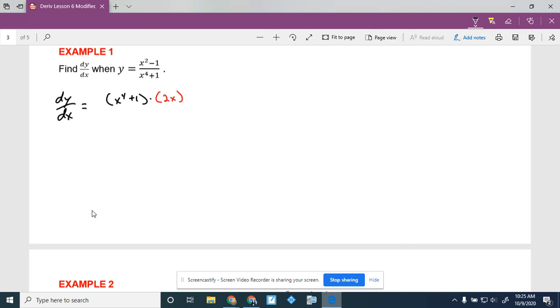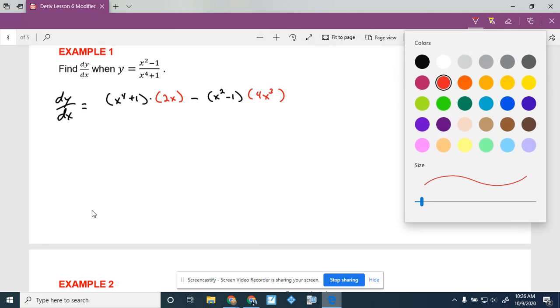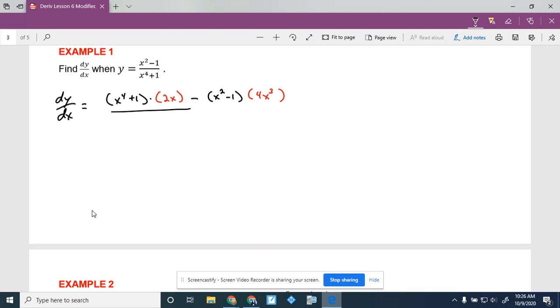Now we go minus the top, which is a binomial, so put it in parentheses, the top times the derivative of the bottom. The bottom is a sum, and the derivative of a sum is the sum of derivatives. So the derivative of x to the fourth plus 1 is going to be 4x cubed plus 0, but I'm just going to write 4x cubed. And then all over the bottom squared.